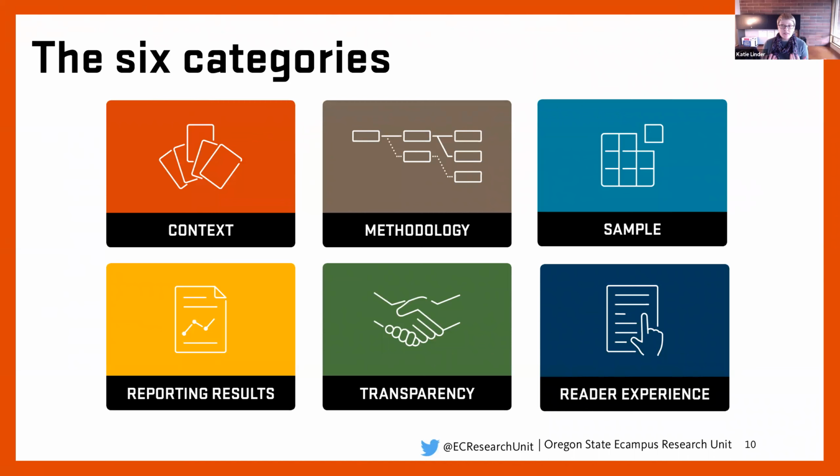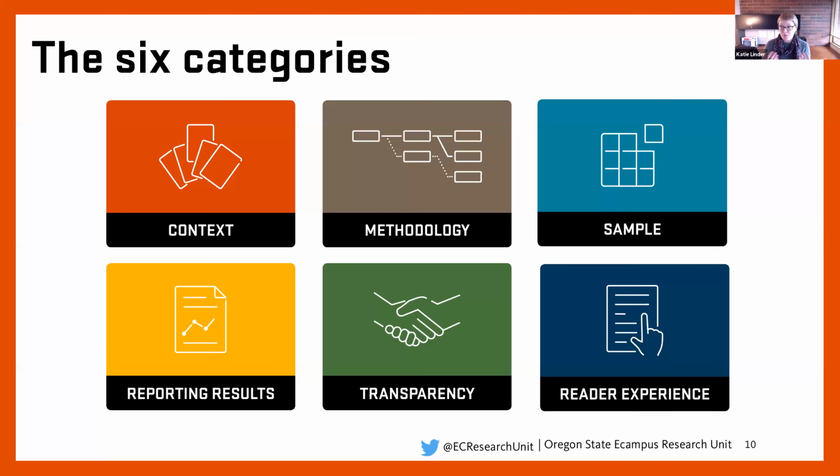Now, we developed 6 areas of the checklist, and we developed them through a couple different methods. One was through noting the common missing elements that we often would see in reports in our field. There were certain things that we saw over and over again that were not included. We also developed these 6 categories because we have a couple people on our team who teach research methods.